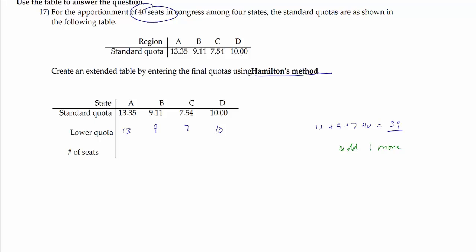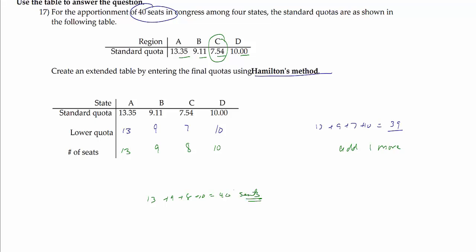Here I have 0.00, 0.54, 0.11, and 0.35. C has the largest decimal with 0.54, so C gets the extra seat and gets 8 seats. Everybody else stays with their lower quotas. Now 13 plus 9 plus 8 plus 10 gives a total of 40 seats, which is what I need to apportion, so I get to stop.